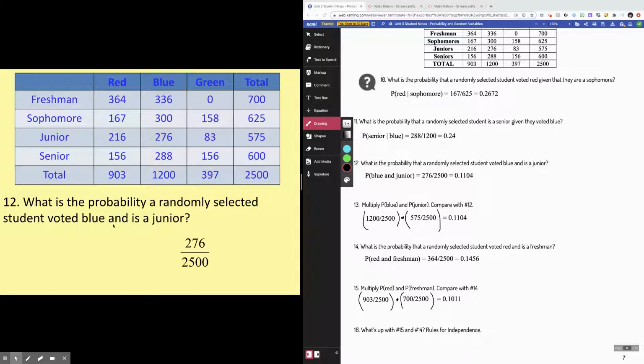So if you're finding an and probability, you don't restrict anything. You're going to divide by the total in the table rather than the total in a restricted category. There's 276 people that voted both blue and were juniors, and because it's not a conditional probability, I'm dividing by the total in the table, which is 2,500. So I got 0.1104 when I did that.